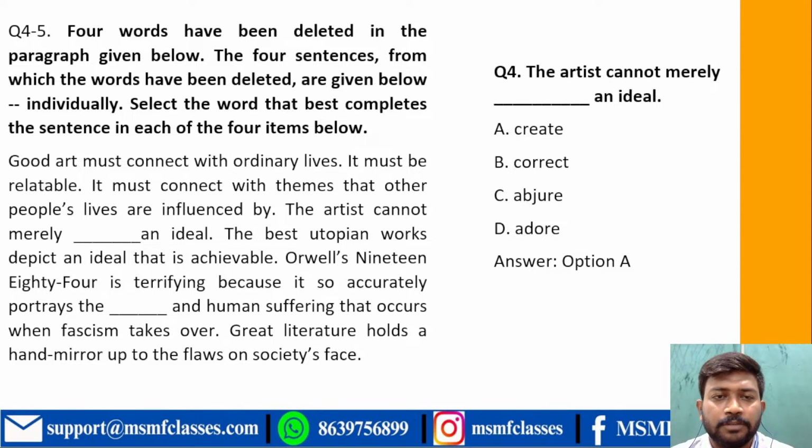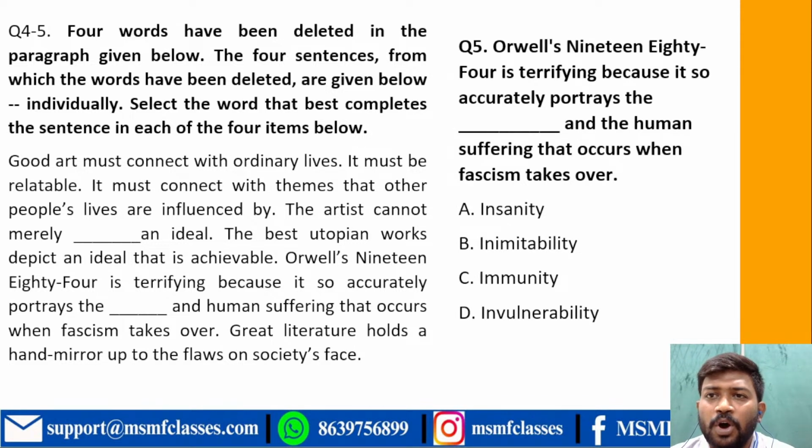Now let's move to the fifth question. Orwell's 1984 is terrifying because it so accurately portrays the dash and the human suffering. Now, if you observe, after that they have used a negative phrase, the human suffering. Before that also it must be negative only. So insanity, immutability, immunity, invulnerability.